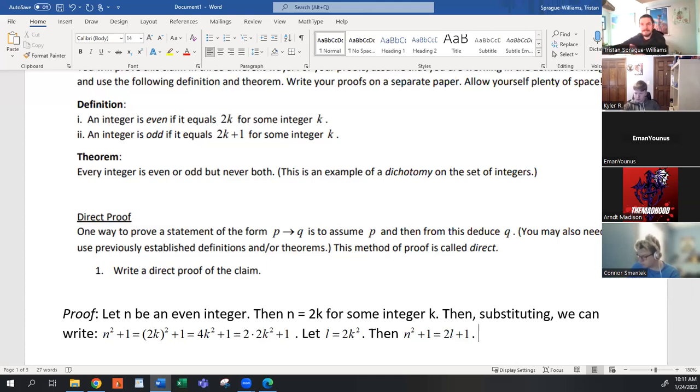Yes, it is. How do we know L is an integer? Because its input is an even integer and you are squaring an even integer. So an integer times an integer squared is still an integer? Yes. And then times 2, which is an integer as well, is still an integer? Yes.